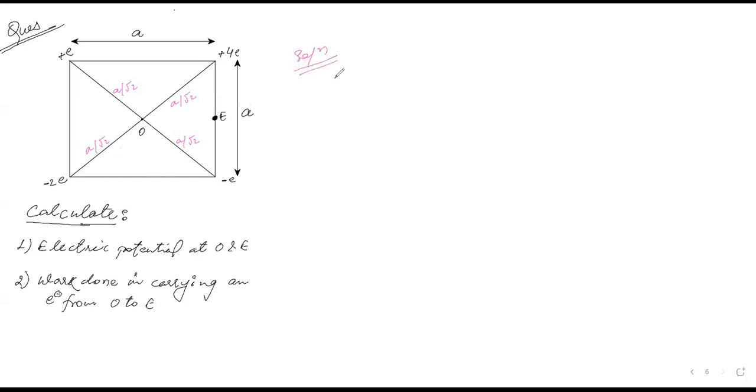V at O is equal to 1 over 4 pi epsilon 0 times: the first charge is plus E, so E over A over root 2, plus the second charge 4E, 4E over A over root 2, plus the third one, minus E over A over root 2, plus the fourth one, minus 2E over A over root 2. Is it clear or not? Any issue? Good.